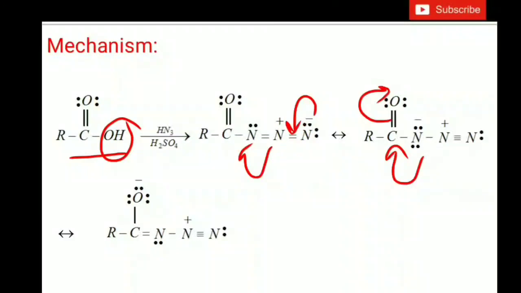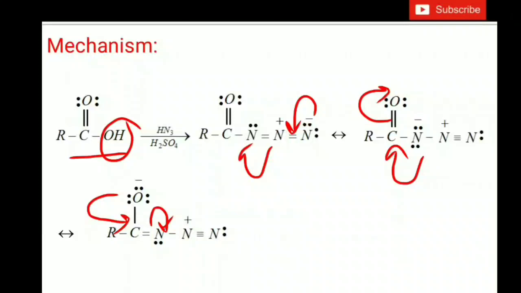Electron pair from oxygen will come back to nitrogen and this multiple bond present between carbon and nitrogen will go to nitrogen. At the same time, this single bond present between two nitrogen atoms will go to this positively charged nitrogen. It means this bond will be broken here.